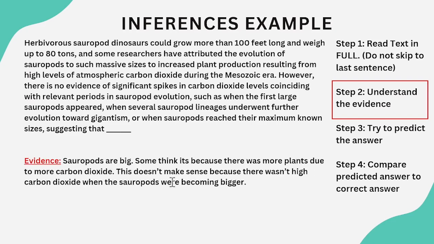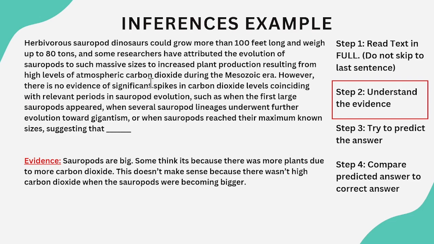Okay, so here we go. Sauropods are big. Some think it's because there's more plants due to more carbon dioxide. This doesn't make sense because there wasn't high carbon dioxide when the sauropods were becoming bigger. So now we're actually going to fill in this blank, and it's pretty easy to do that with evidence. Let's read this full sentence again and go from there.